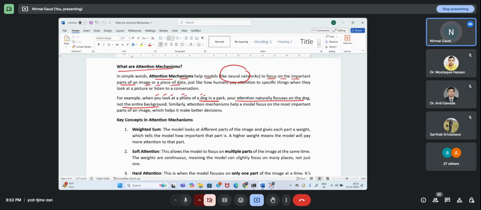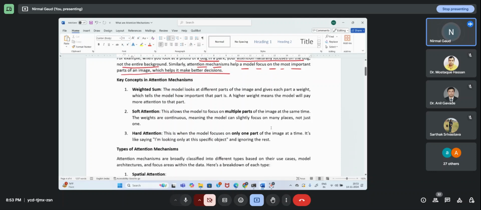Now, the dog is obviously an object in an image, made up of pixels. If I can attend to those pixels using the attention mechanism, the model will focus on the most important parts of the image, and we can make a quick decision. I hope this makes sense. I am not focusing on the background, I am just focused on the object present in the image.